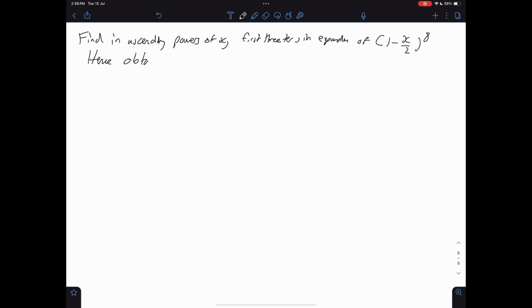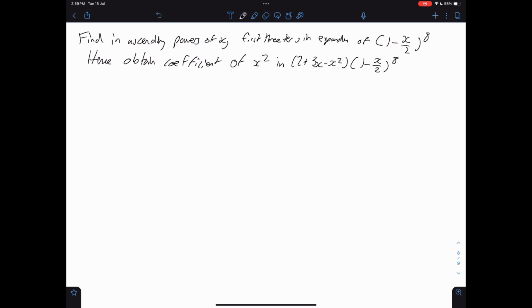And from there, obtain the coefficient of x squared in (2 plus 3x minus x squared), bracketed, multiplied by that thing, (1 minus x over 2) to the power of 8.